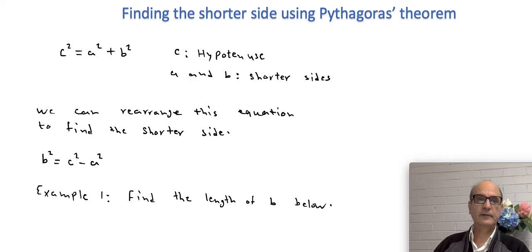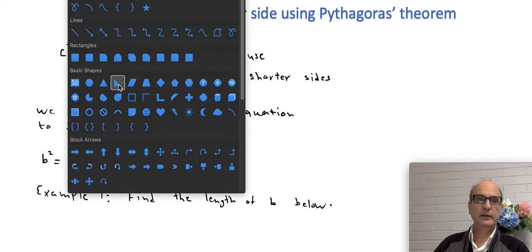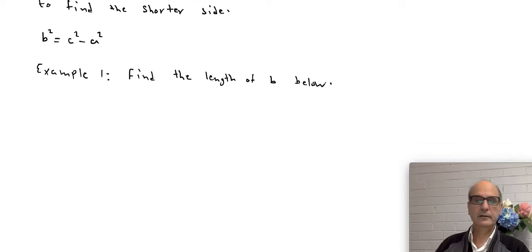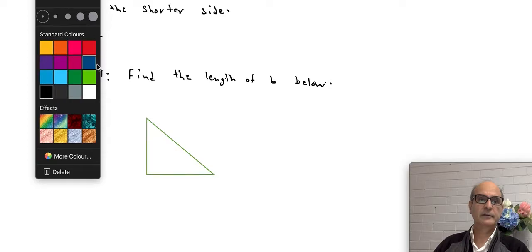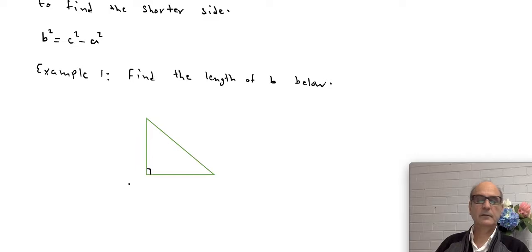So I have a right angle triangle here, this is a right angle, and say this is 10 meters, and this is 8 meters.